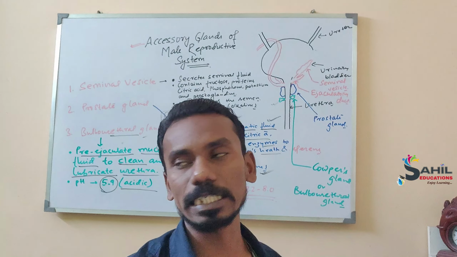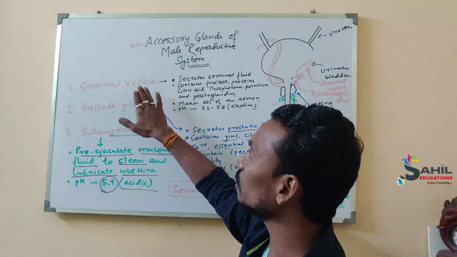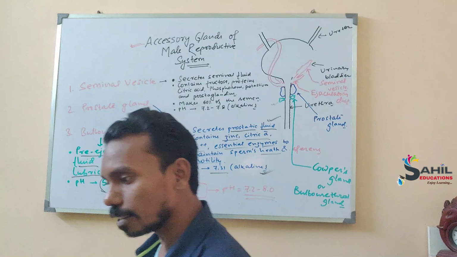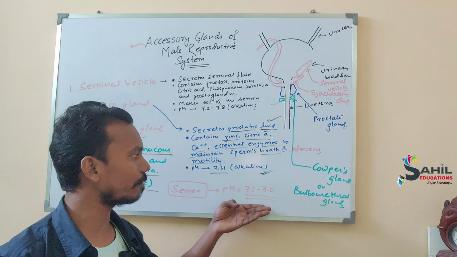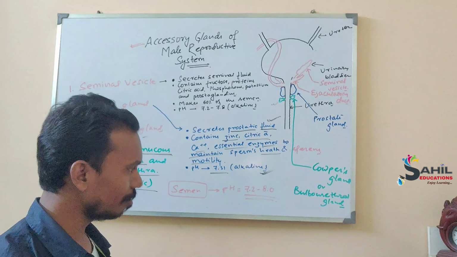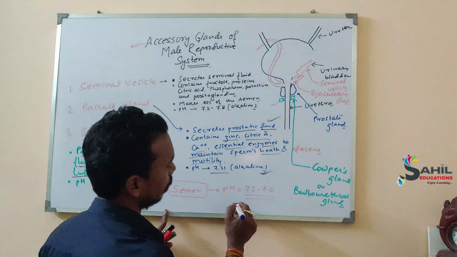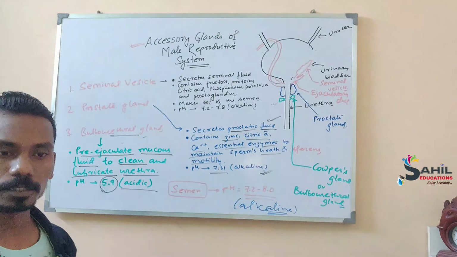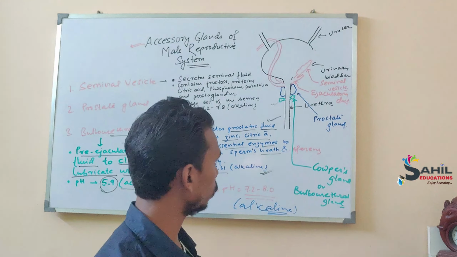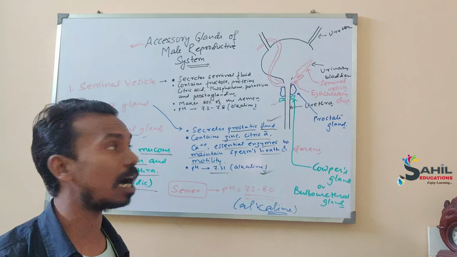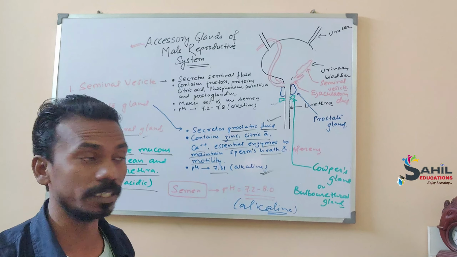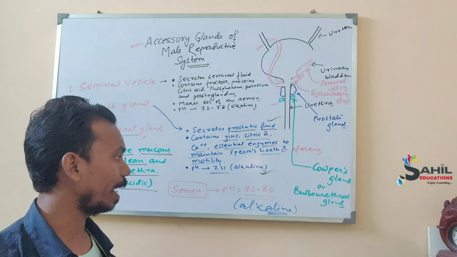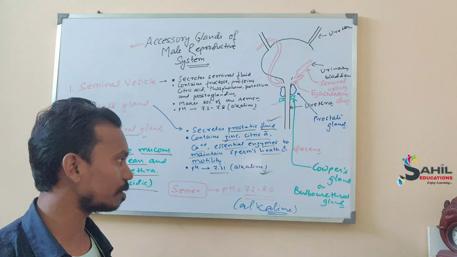So semen contains sperms and the secretions of the seminal vesicle, prostate gland, and Cowper's gland. Semen has a pH of 7.2 to 8.0, so the semen is alkaline. Hope you have understood the accessory glands, how they help in the ejaculation process, what semen is, and the acidity or basicity of semen.